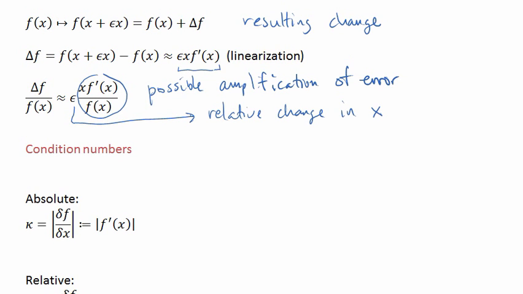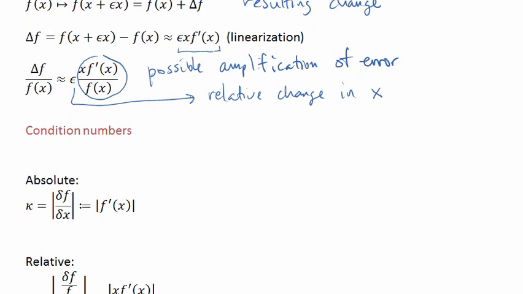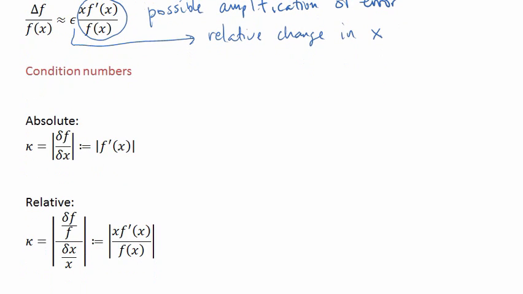So we use these. Now we take the approximation part of it out, and we make some definitions. So the condition number is really what we use to describe the relative change in the output divided by the relative change in input.